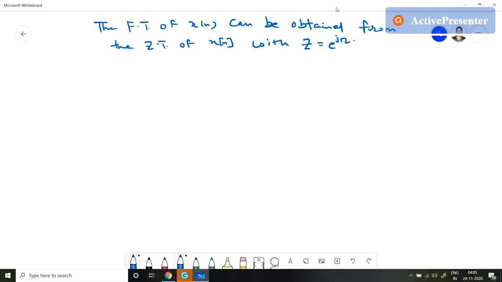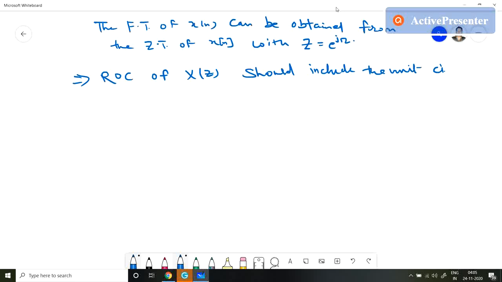Since the ROC of X(z) must include the unit circle, this is not generally true of sequences which are not absolutely summable.